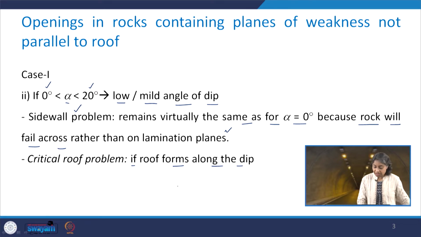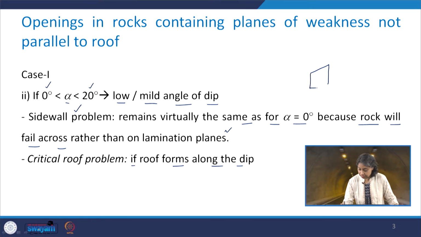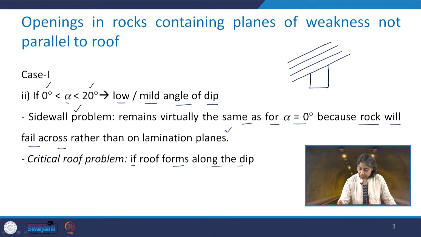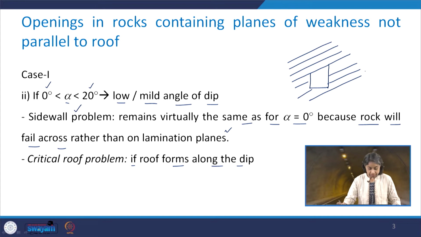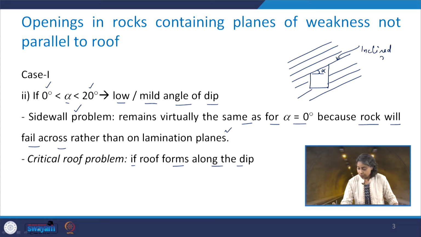Take a look here at how we are going to visualize this. Let me draw the figure here. So, this is the opening, and then we have the inclined roof. Now, this angle is alpha, and this is your inclined roof.